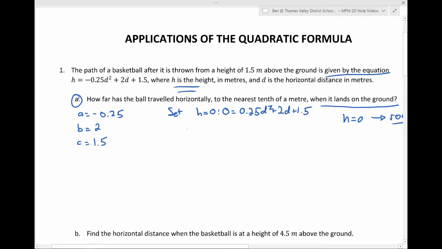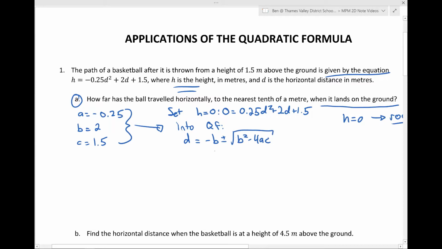So we substitute this into our quadratic formula, where we are looking for d. So d equals negative b plus or minus the square root of b squared minus 4ac.